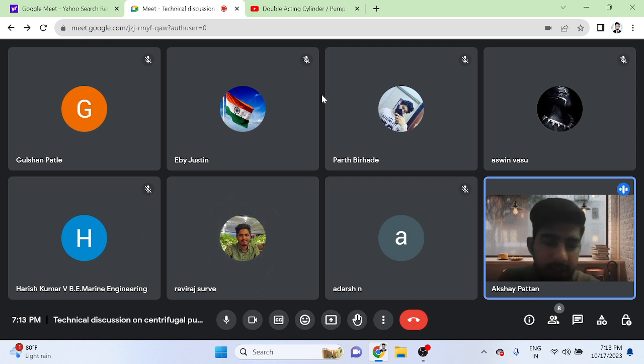Just a second, I will share a diagram of centrifugal pumps. We need to go back to this. Just a second, I will share the screen.